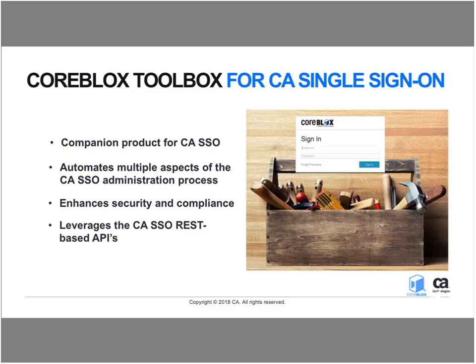So a little background on the toolbox itself. It is a companion product for CA SSO, and really I wanted to show you how you can even take the REST APIs and build a tool around CA SSO to do the automation.